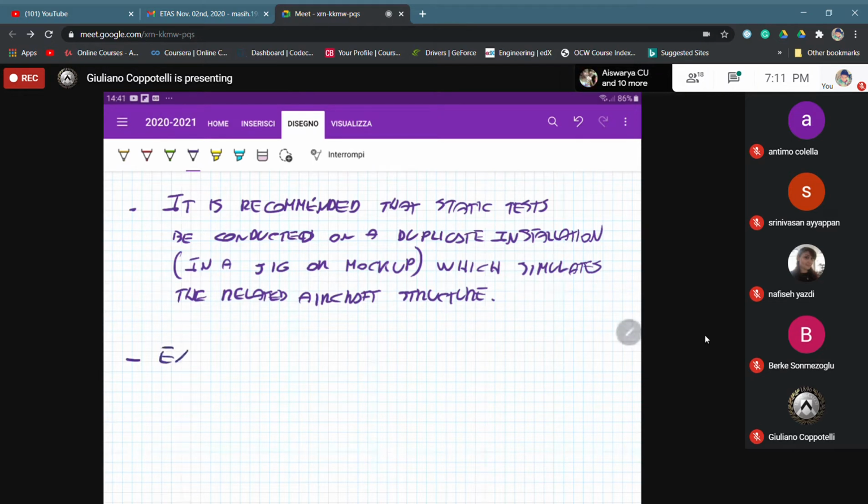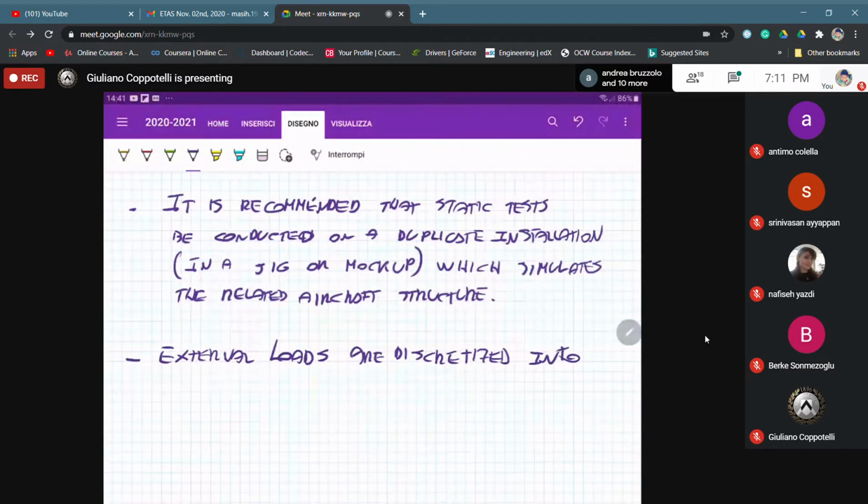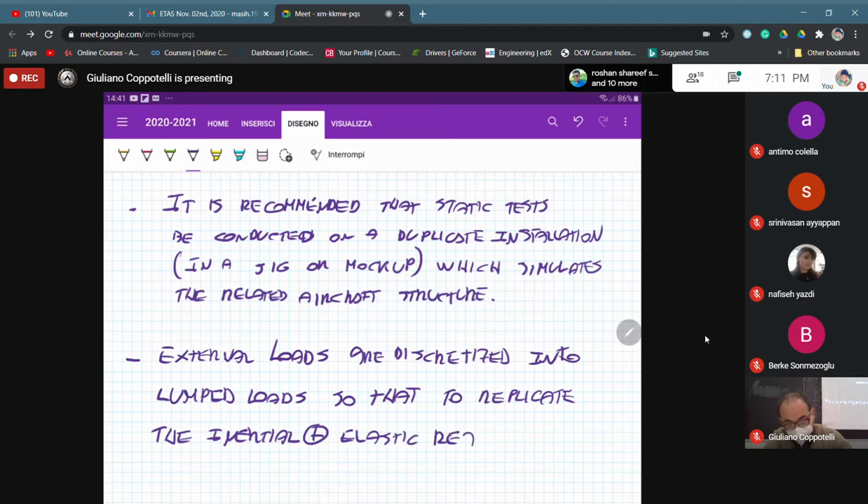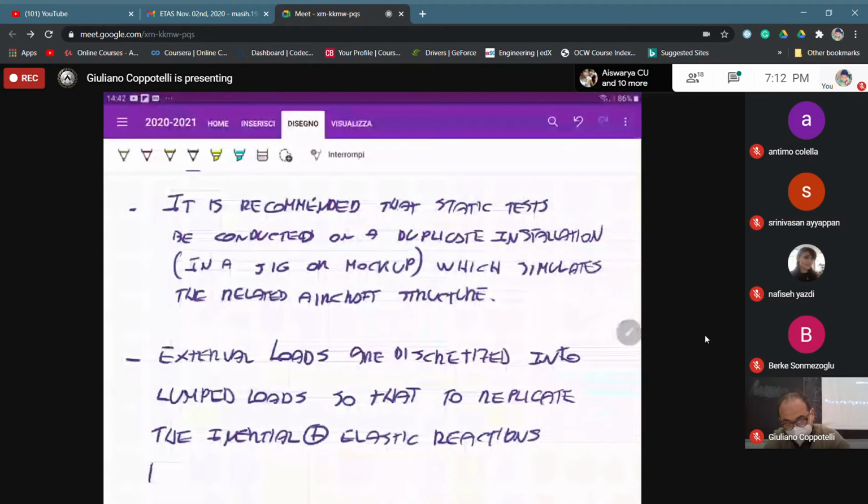So what we are having here is that the external loads are discretized into lump loads so as to replicate the inertia and the elastic reaction from the continuous loading.